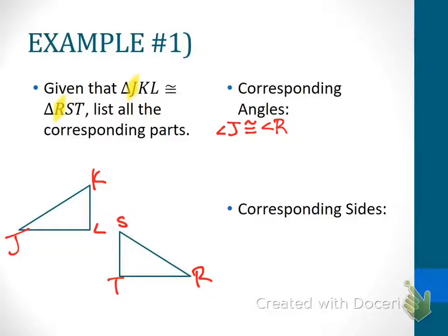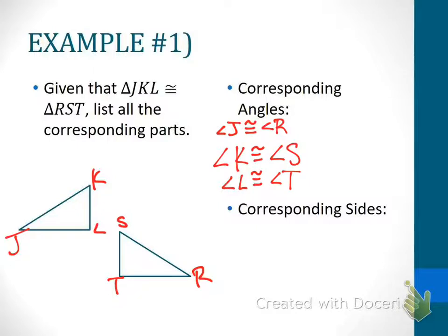So J corresponds to R. What about angle K? Good, it would be congruent to or correspond to angle S. And last but not least, we have angle L. Good, corresponds or is congruent to angle T.